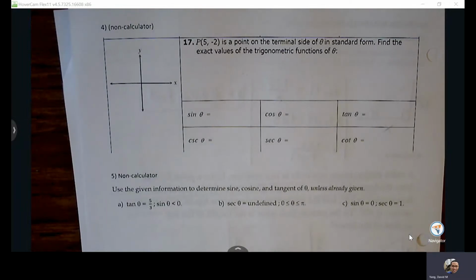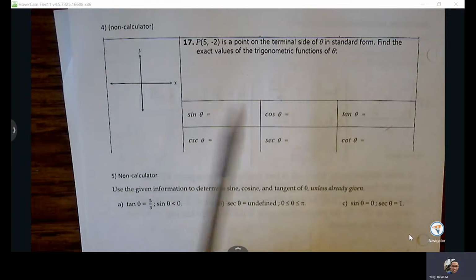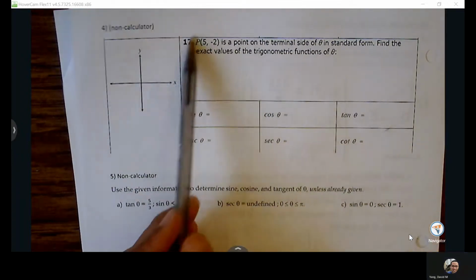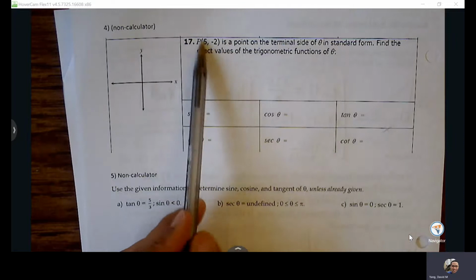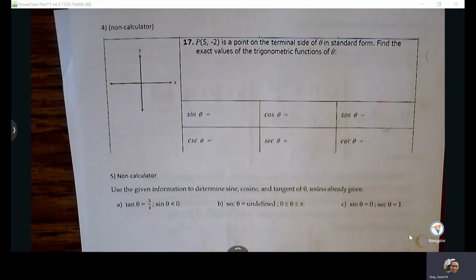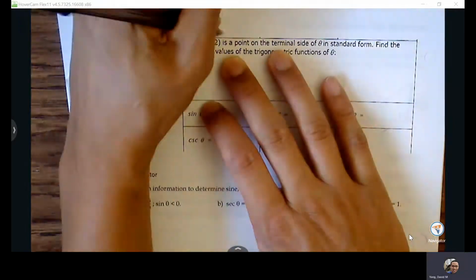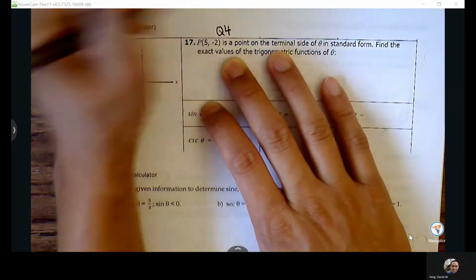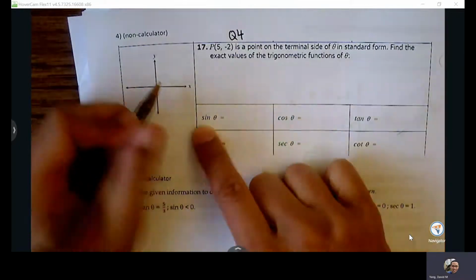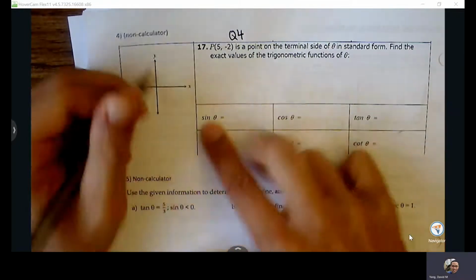Ordered pair (5, -2) is a point on the terminal side of theta in standard form. Find the exact values of the trig functions of theta. If we plot that point, we know that's in the 4th quadrant. Over 5, down 2.